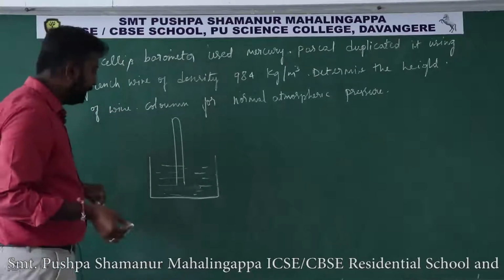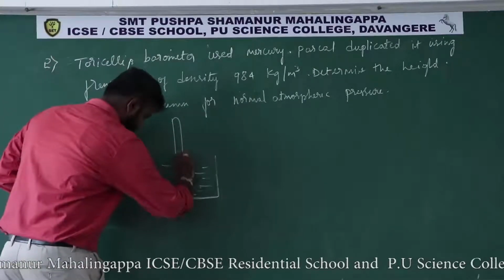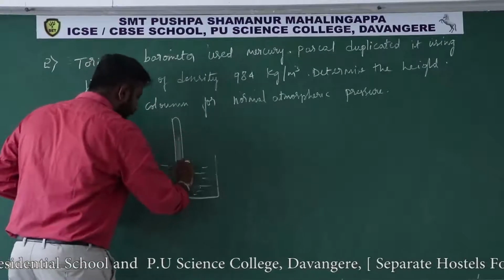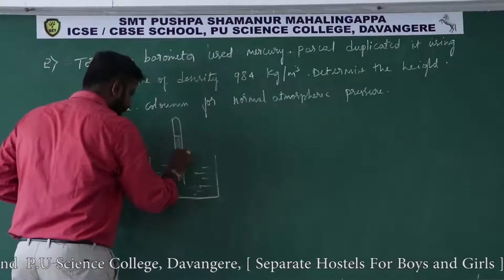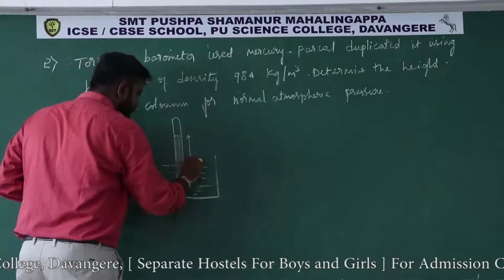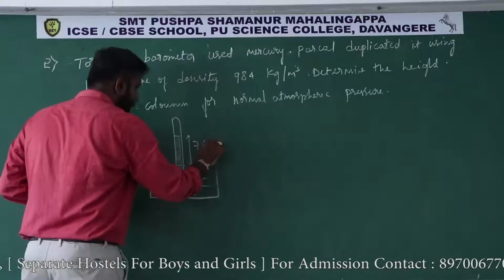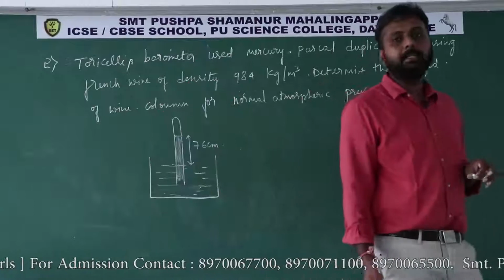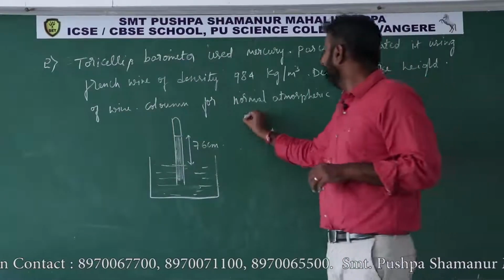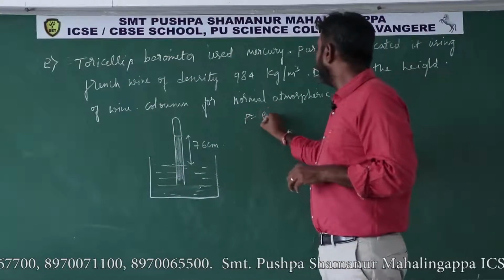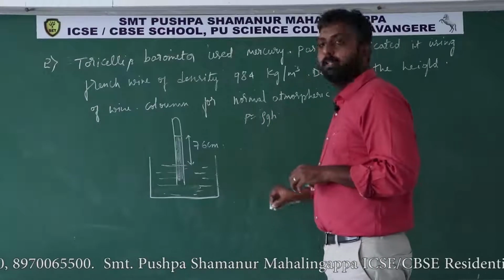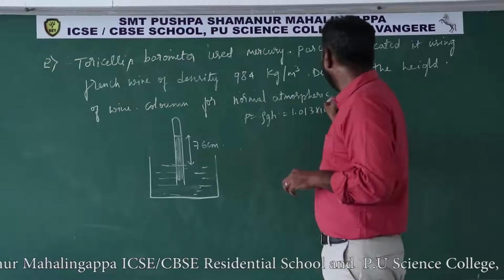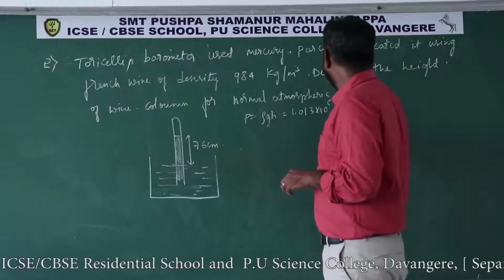So what we found is that the level of the mercury rises inside the tube up to the height of 76 centimeter. From that we came to know that the atmospheric pressure P equals rho g h. That value is 1.013 into 10 to the power 5 Pascal, right?